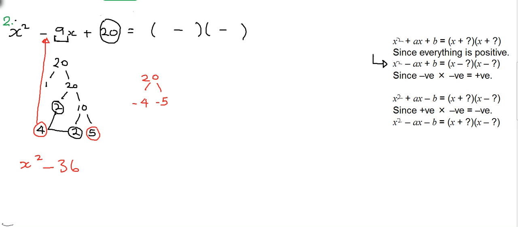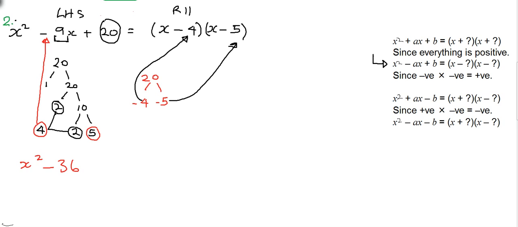So I come here, I put my x in there, x there. So I just simply plug in that value in there and this value in there. So I have 4 and I have 5. If I expand the brackets together, they should give me the expression on the left hand side. So RHS. I have x times the whole of the second expression, and then the minus 4 times x minus 5.